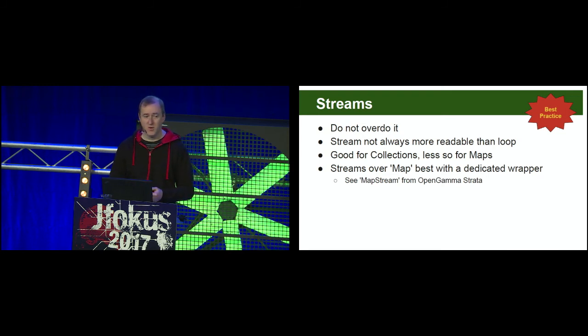But if you want to stream over maps, and it can be quite nice to do so, it's perfectly possible to write a class like MapStream yourself and perform those same tasks. If you want to see what one looks like, have a look at the MapStream in Strata. You'll find equivalents in other libraries.